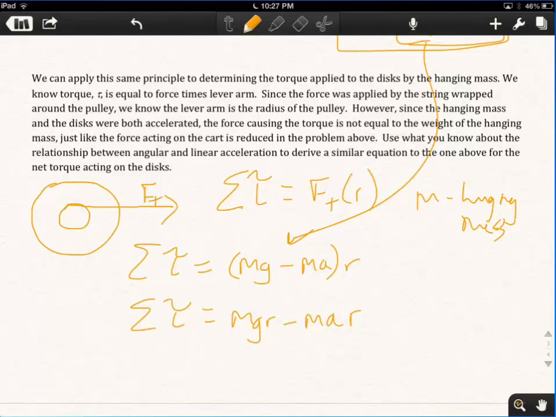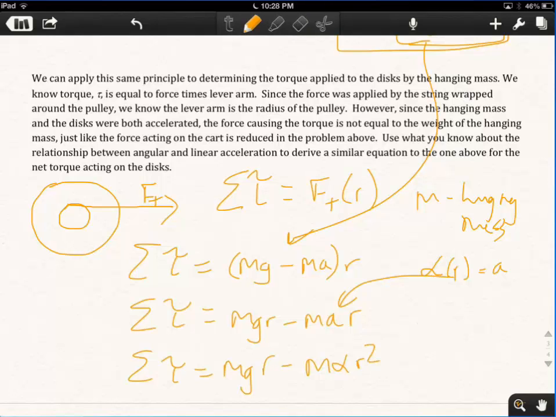We know alpha, angular acceleration, but we know this equation, alpha r equals a. So I'm going to sub that in right there, and I get net torque equals mgr minus m alpha r times r, or m alpha r squared.